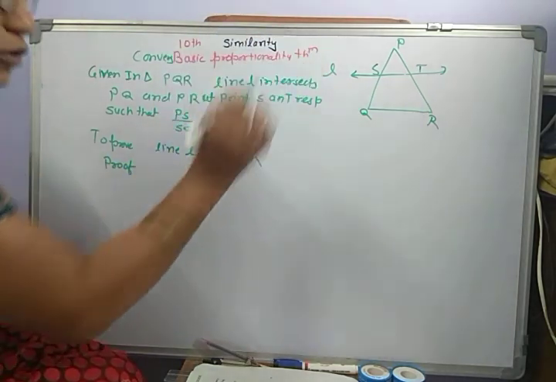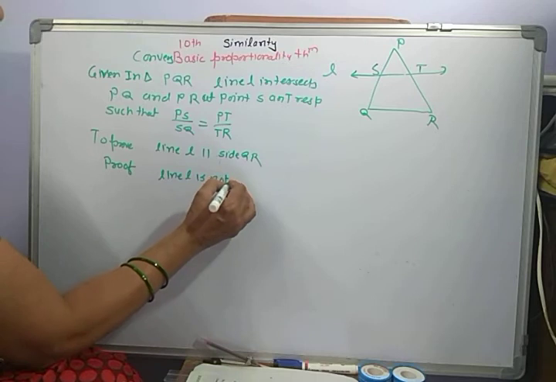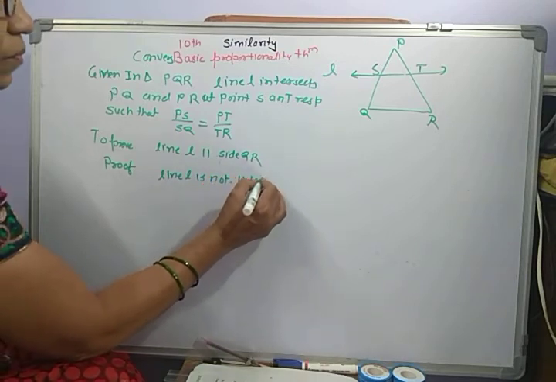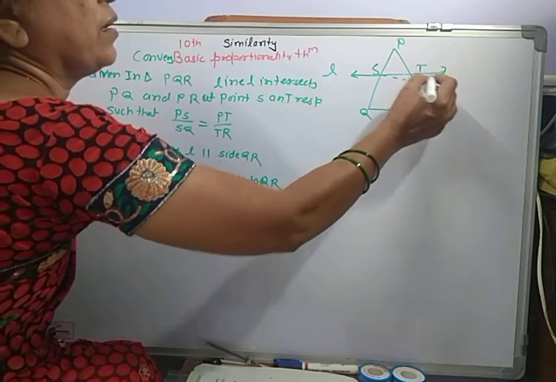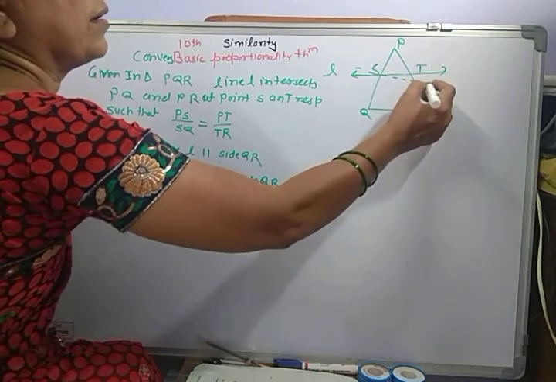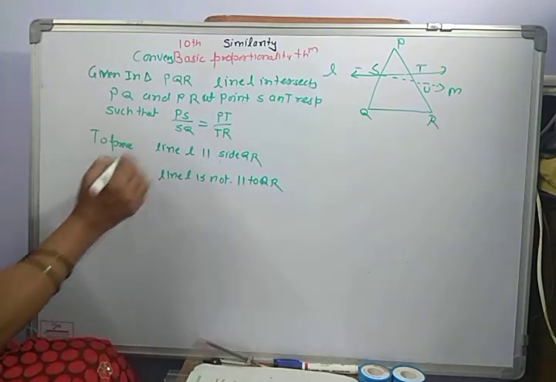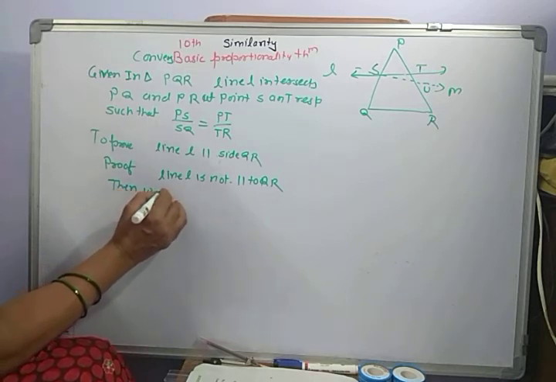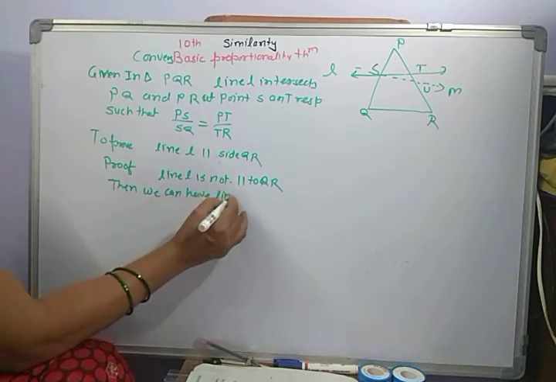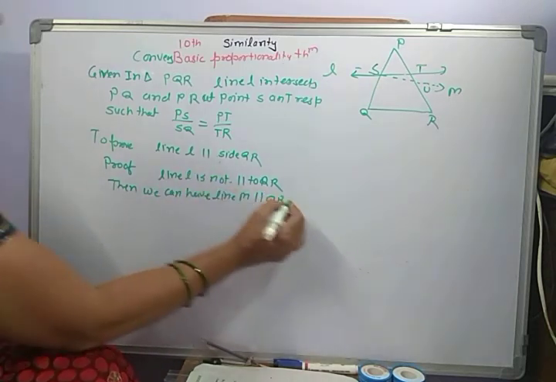Proof. Suppose line L is not parallel. Then we can have some line M passing through point S, parallel to QR.